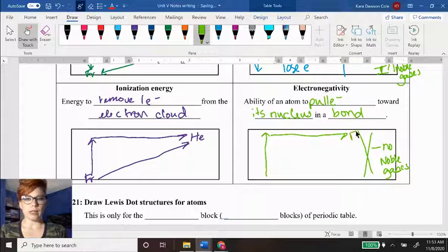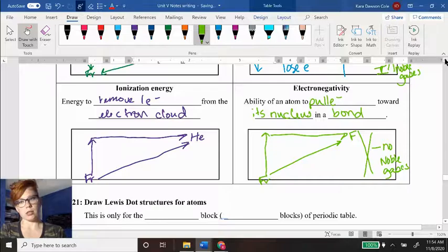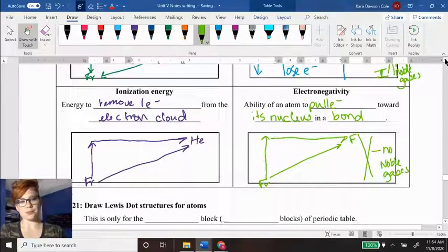So fluorine is actually the most electronegative element on the periodic table, whereas francium is going to be the least electronegative element on the periodic table. So fluorine is the most electronegative, francium is the least electronegative. Again, electronegativity is the ability to pull an electron towards its nucleus in a bond.